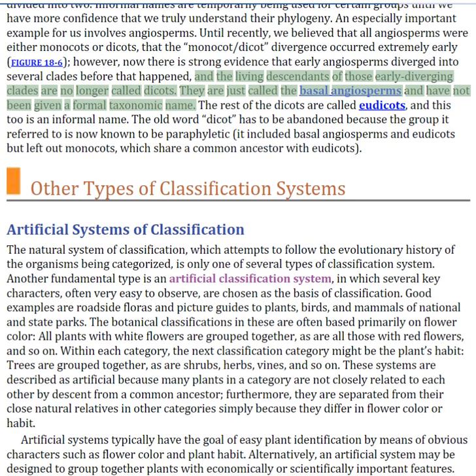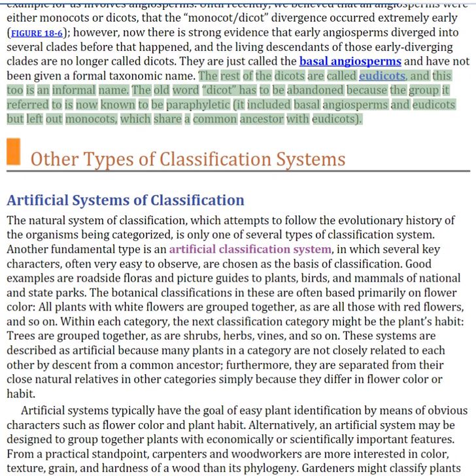And the living descendants of those early diverging clades are no longer called dicots. They are just called the basal angiosperms and have not been given a formal taxonomic name. The rest of the dicots are called eudicots, and this too is an informal name. The old word dicot has to be abandoned because the group it referred to is now known to be paraphyletic.